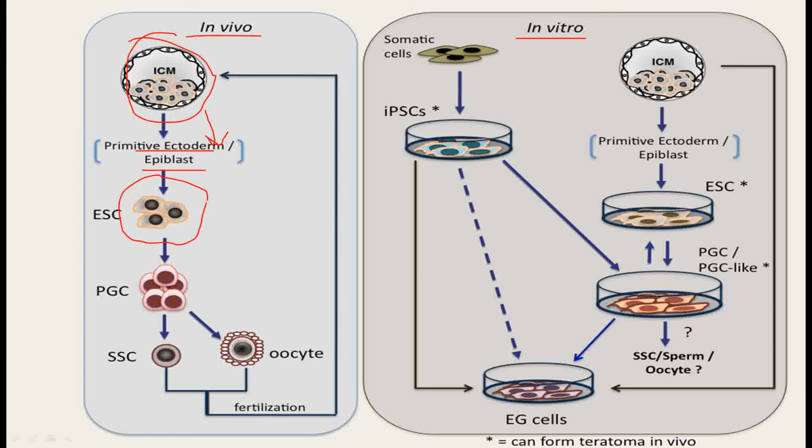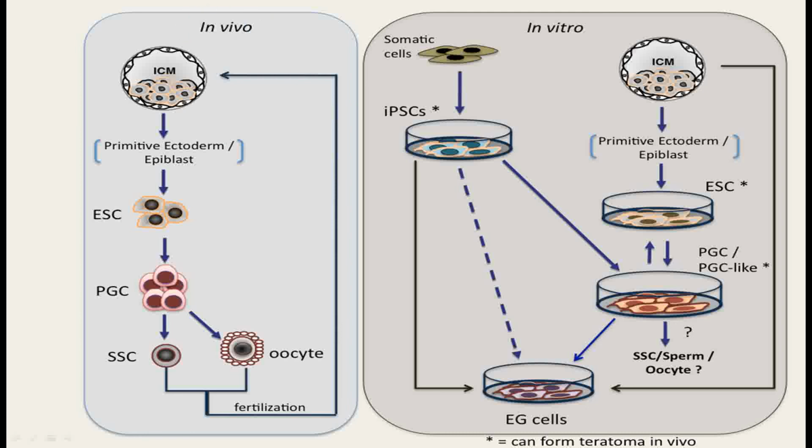These embryonic stem cells form post-gastrulation cells. These post-gastrulation cells form somatic stem cells and oocyte, that is germ cells. And after the fertilization, again this process is repeated. This process is inside the body. This is happening inside the human body. So this is known as in vivo.